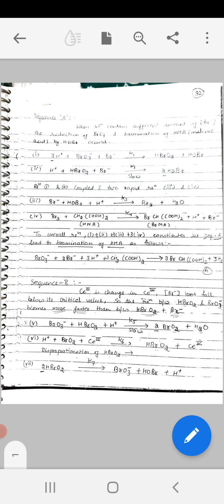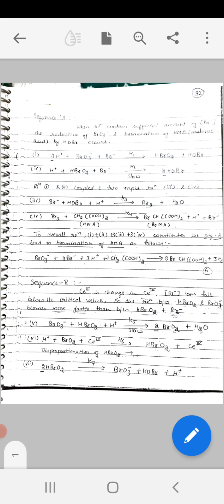Or we can write 3 bromate ions plus 3 H ions plus 5 molecules of malonic acid giving cerium and bromide ion, 3 BrCH(COOH)2 plus 4 CO2 plus water plus 1 HCOOH, formic acid.